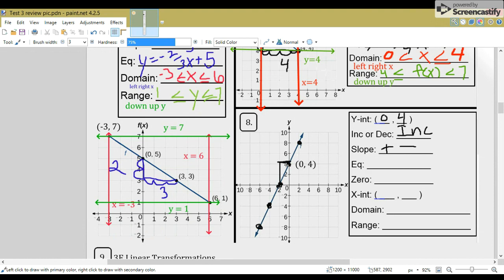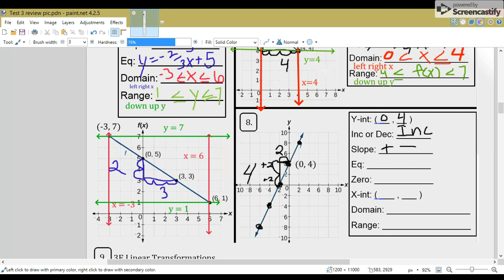intercepts for the points. So let's count the squares. 1, 2, but notice the squares are not skip counted by ones this time. They're skip counted by twos. So we have 2, 4. Our rise is 4, our change in y is 4. Our run is also skip counted by twos, so that's 2.